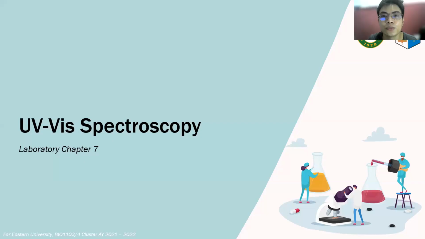Okay, so good morning and welcome to our Chapter 7 discussion, which is on UV spectroscopy. Dalawang parts to. So yung first part, we're going to look into the concepts behind spectroscopy itself and the different types of spectroscopy, how they are utilized by chemists in order to make quantitative and qualitative measurements sa isang compound.